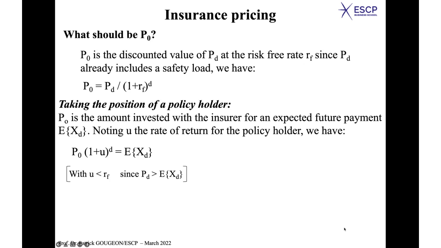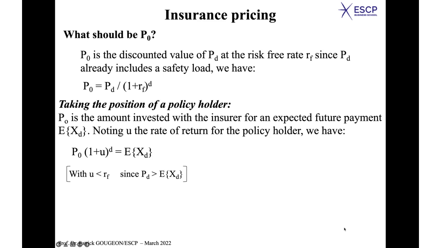So if you note U the rate of return for the policyholder, then P0 times 1 plus U power D is equal to E of XD. If you take the position of the policyholder, they are investing their precautionary saving with the insurer, and they can expect a return U, okay, which would be like this, okay?